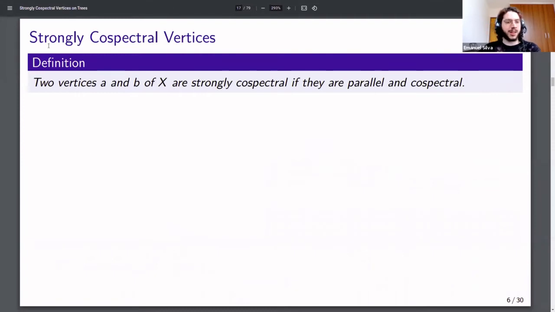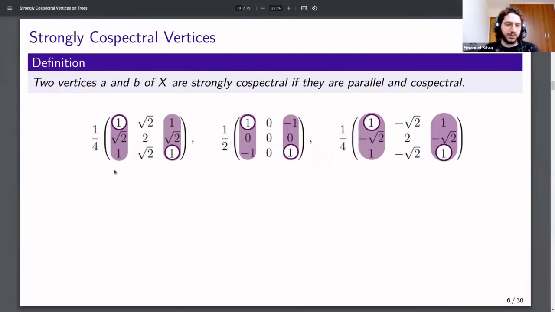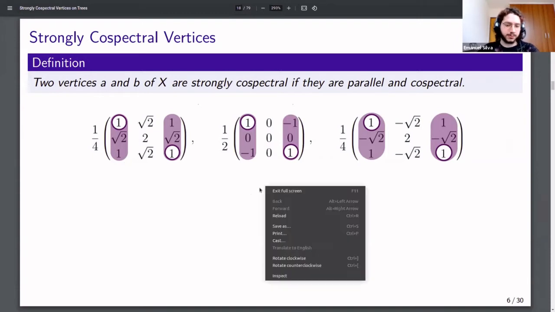Okay, and now we have what we need to define strongly cospectral vertices. Two vertices are strongly cospectral if they are at the same time parallel and cospectral. So for this example, the two end vertices of P3 are parallel and they are also cospectral.